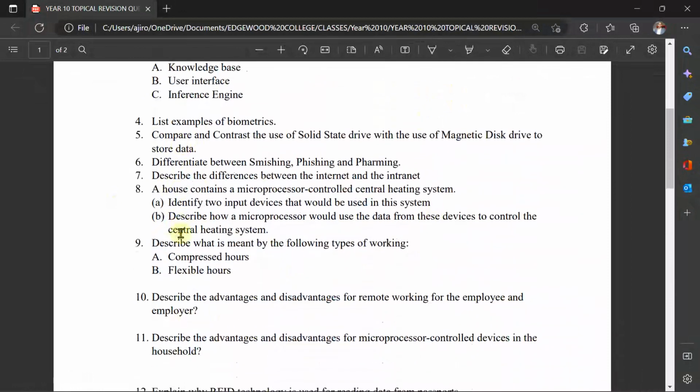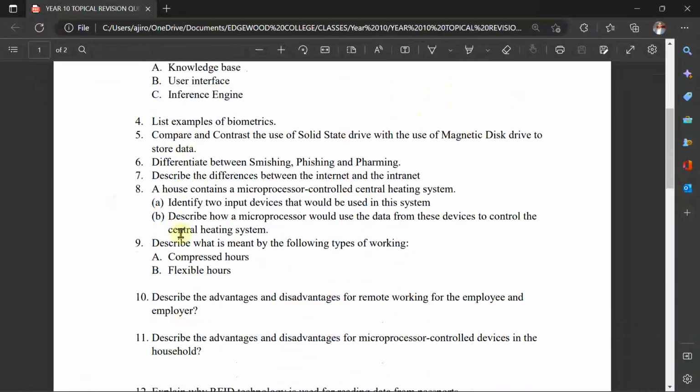Question 6: differentiate between smishing, phishing, and pharming. I've talked about phishing in the previous video. You might want to check it out, but for the sake of these three combined, I'm just going to point some things out. Remember you have to put them in points.